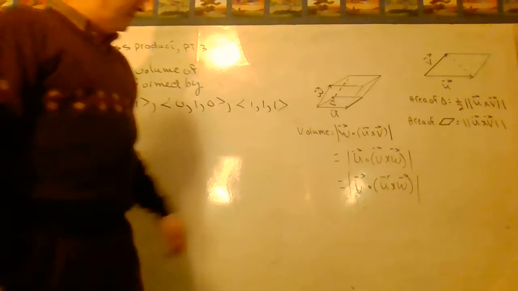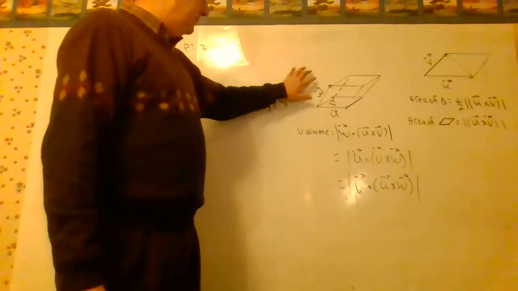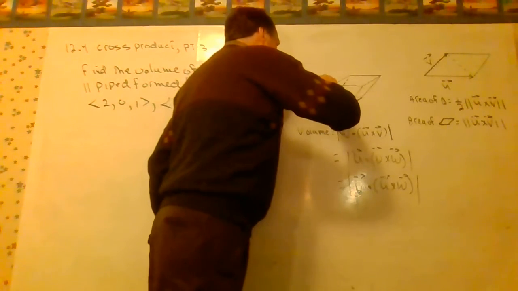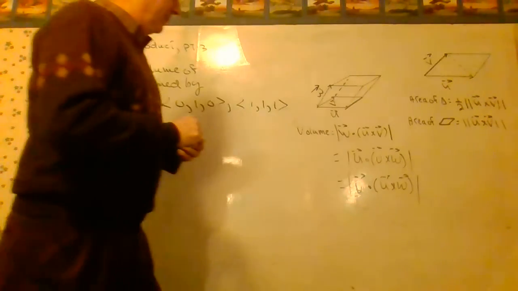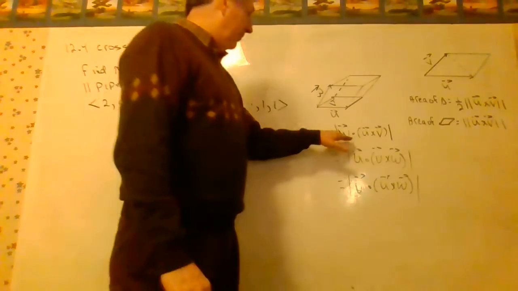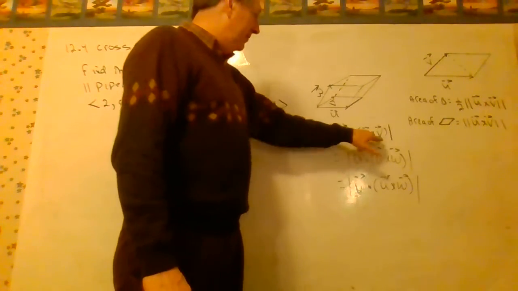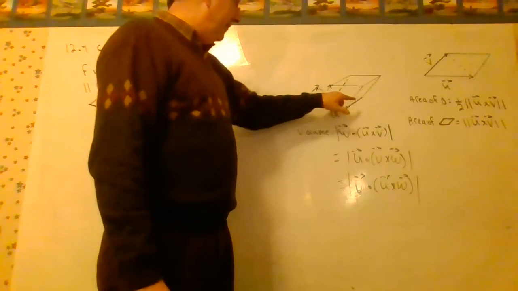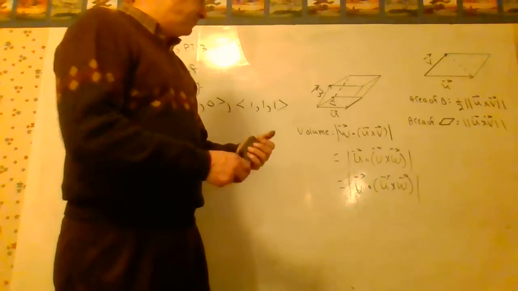Now if we have three vectors, u, v, and w, then it turns out the volume of this parallelepiped is w dot u cross v. U cross v in magnitude gives you the area of the base, that parallelogram.